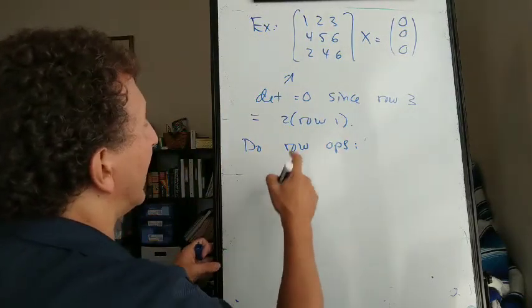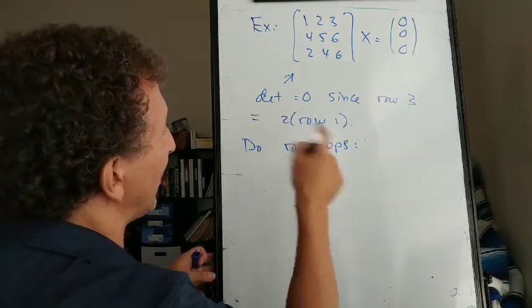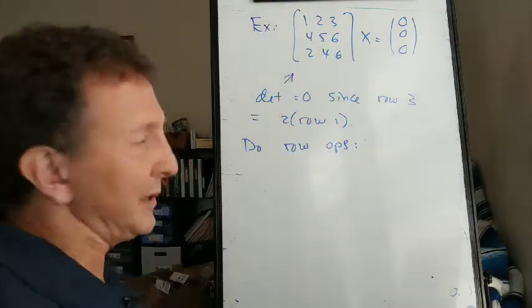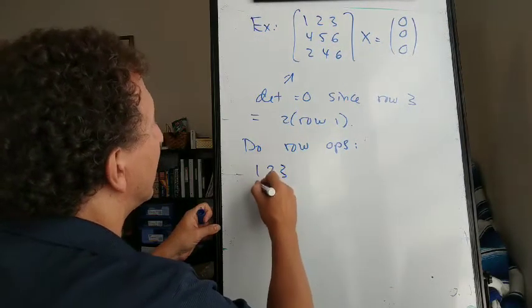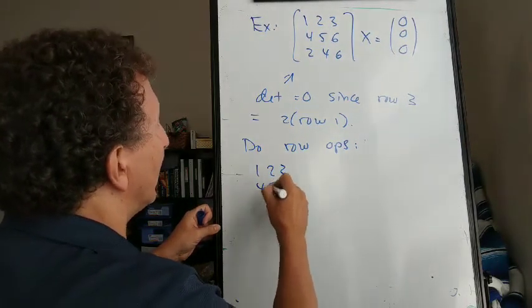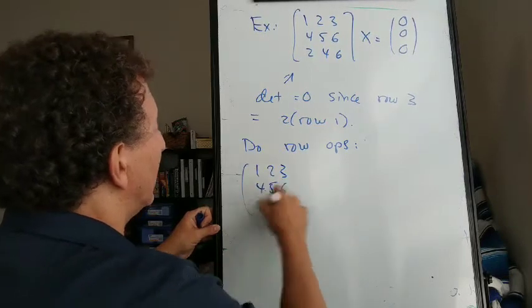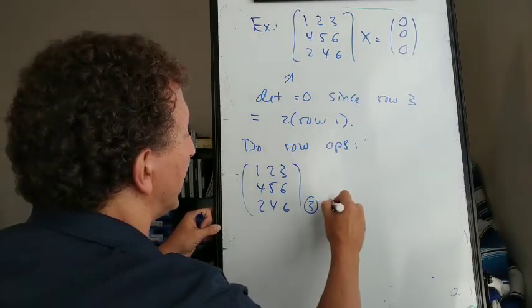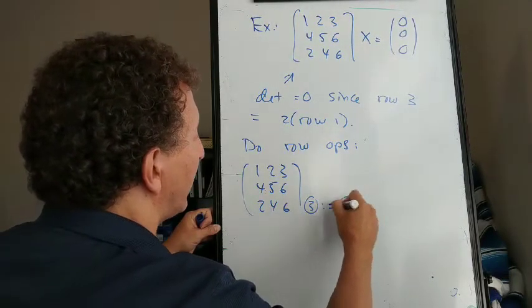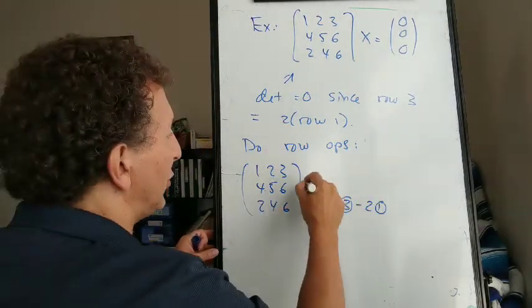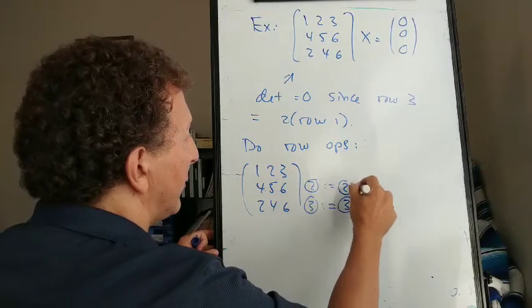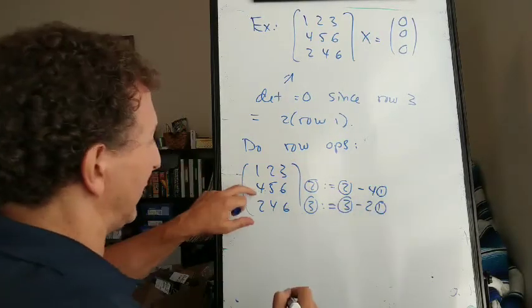I'll take away 2 times row 1 from row 3, to get rid of that row 3 because we can see that already. So row 3 becomes row 3 minus 2 times row 1, and row 2 becomes row 2 minus 4 times row 1 to get rid of the 4 here.